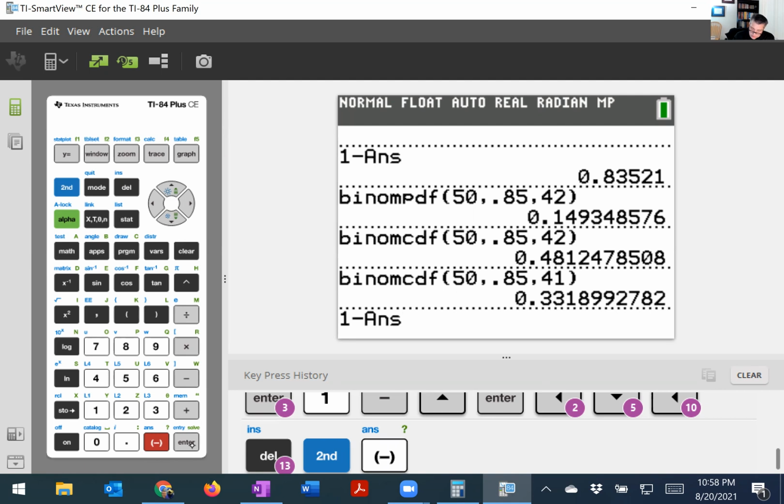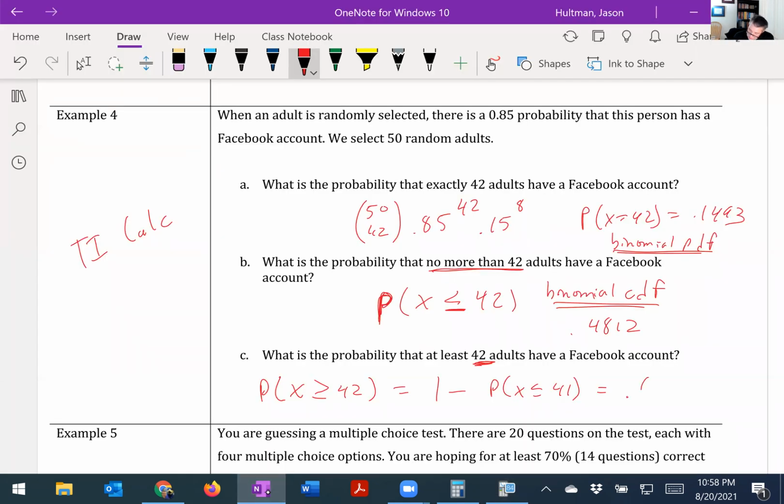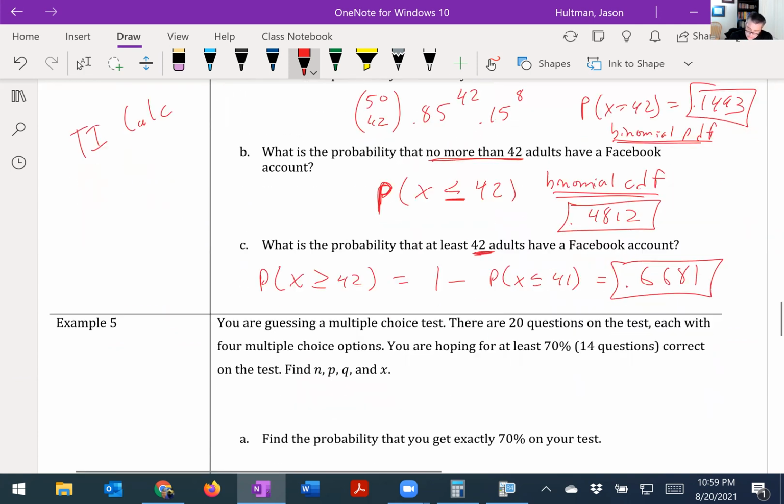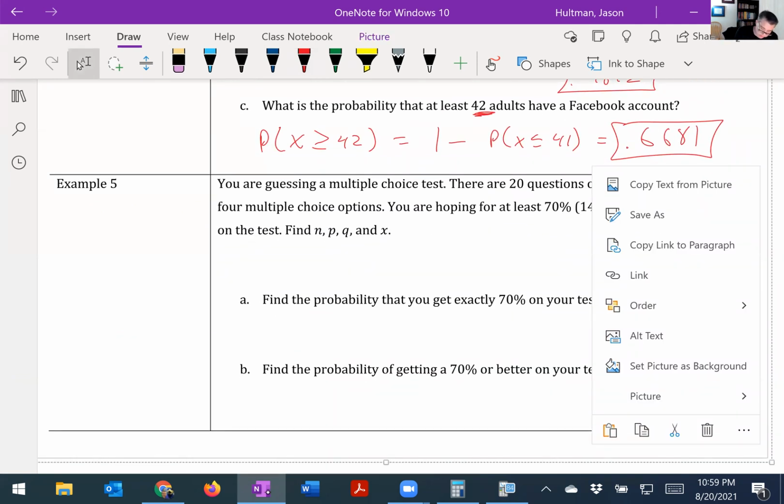That'll plug in the previous answer, and it gives me 0.6681, which is what I want. Okay, that's the complement. So this is equal to 0.6681. Okay, let's do the next one, but it's going to be a whole lot easier because we're going to use StatCrunch.